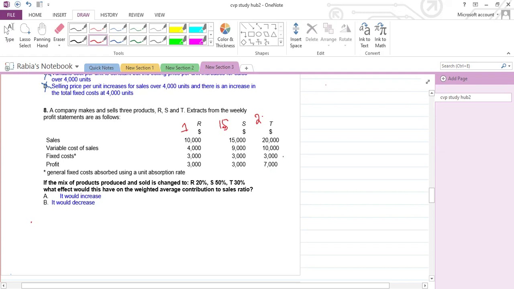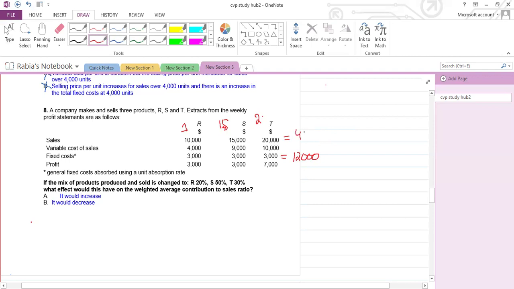Your total fixed cost is 12,000. Now, what is your total revenue? 10, 15, and 20.